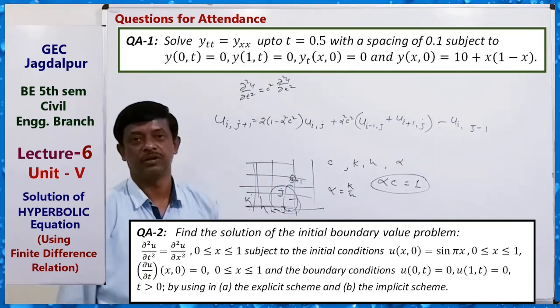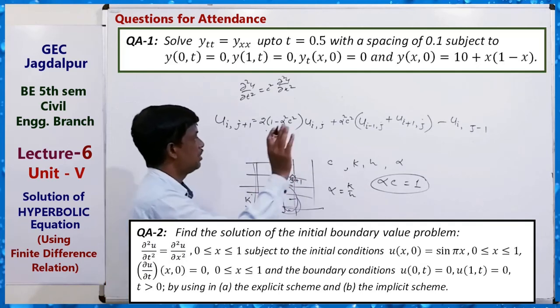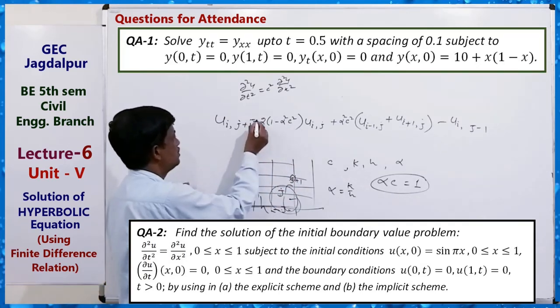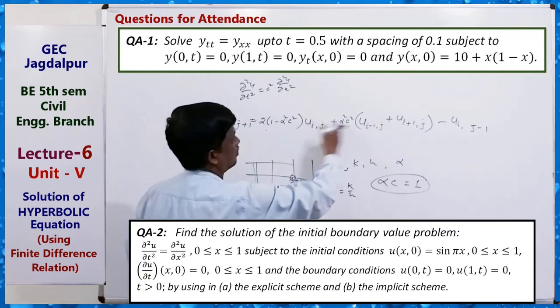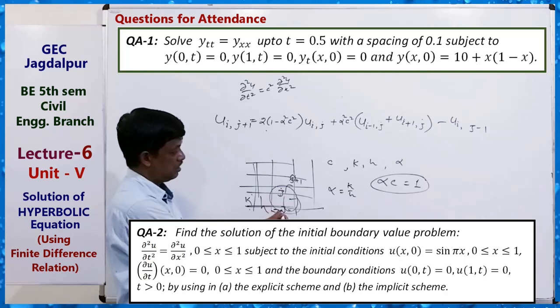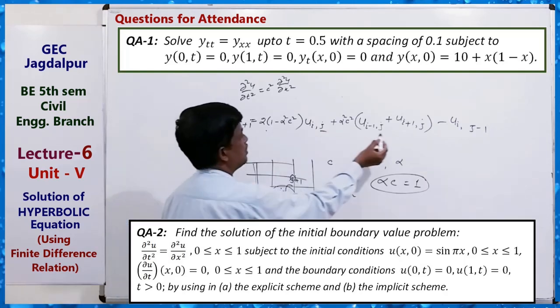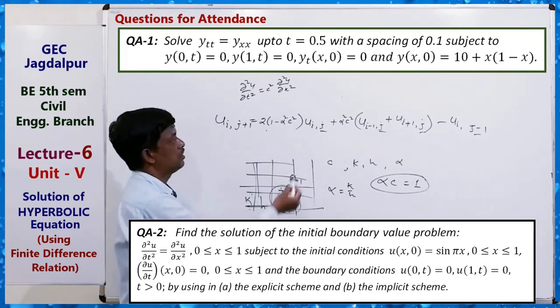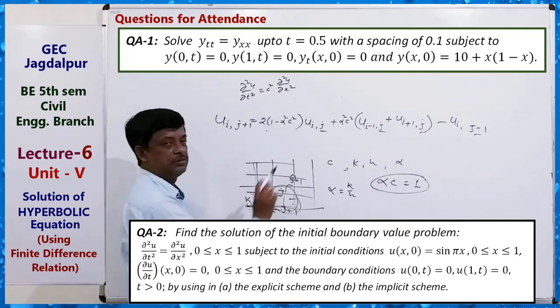So this is the explicit formula. Using this formula, you can get all the higher level values by using the right hand side, that is, the lower level values: j level and j minus 1 level, with I minus 1 and I plus 1.